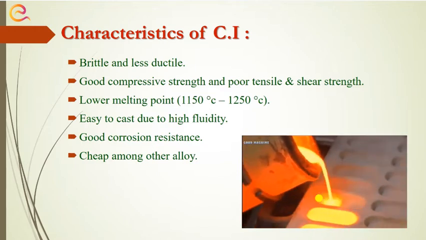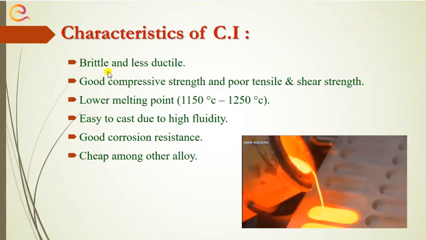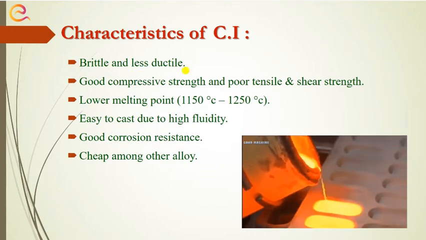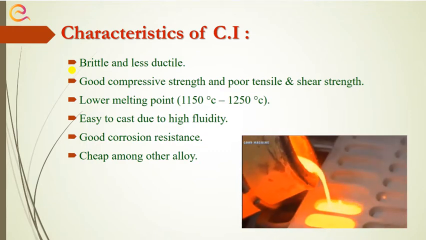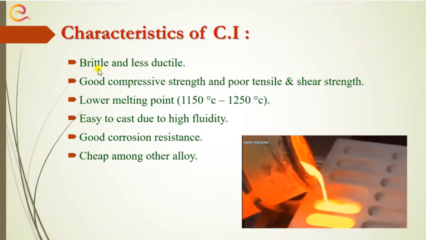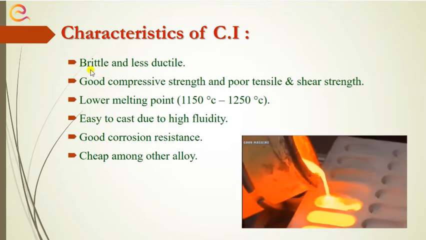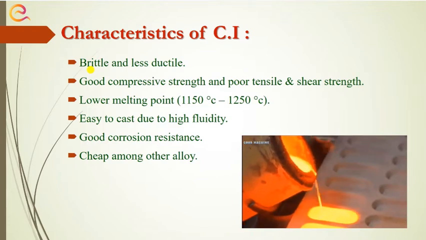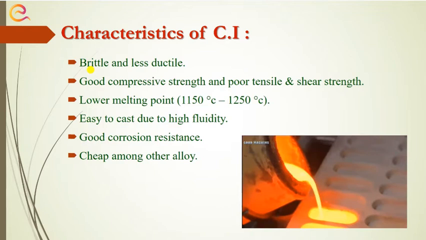First one is, due to high carbon content, it is brittle and has low ductility. One or two things to remember here. As the percentage of carbon increases, the brittleness and the hardness of the material or cast iron will also increase. Means hardness and brittleness increase with percentage of carbon.